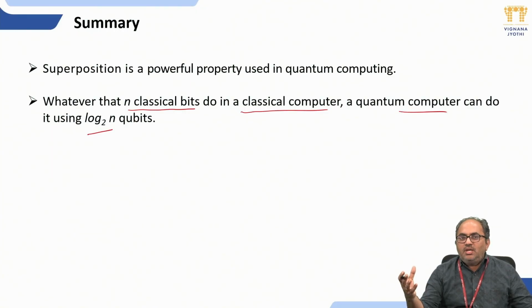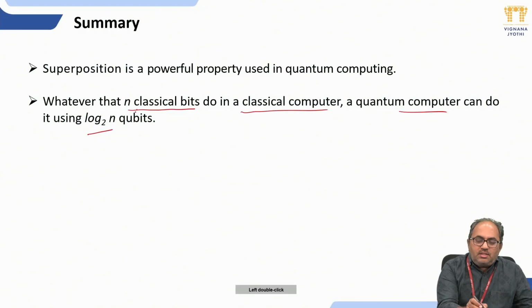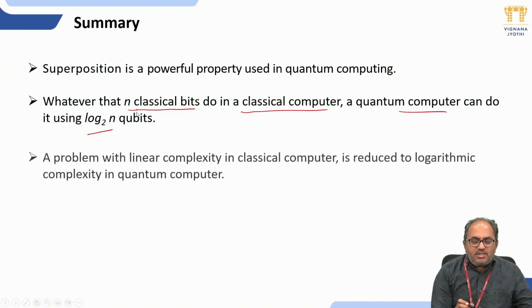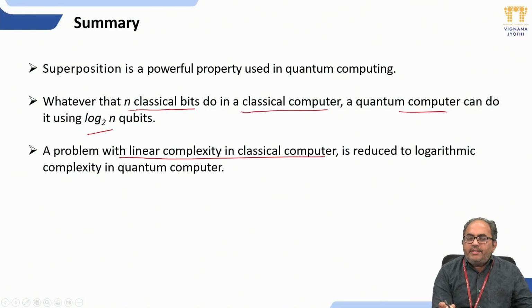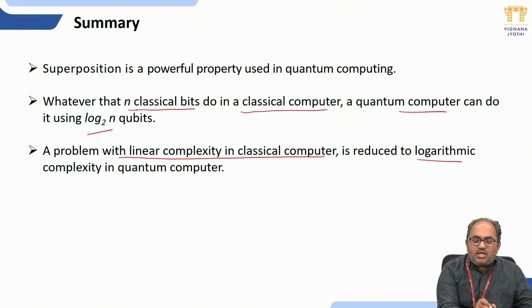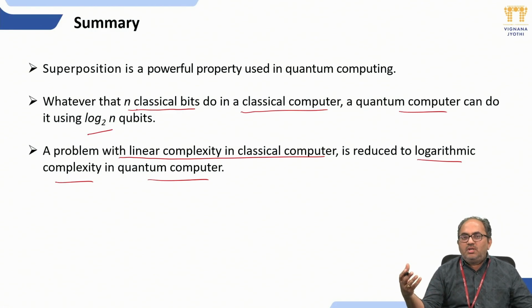That is one point. And this is a linear problem. A problem with linear complexity in a classical computer is reduced to logarithmic complexity in a quantum computer. Complexity is related to the number of steps that we require to solve the problem.